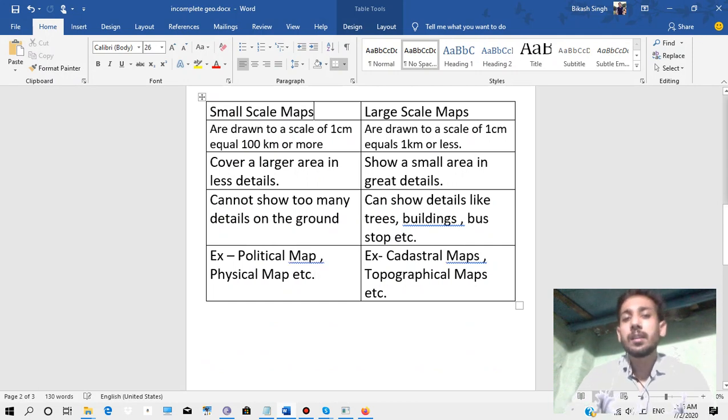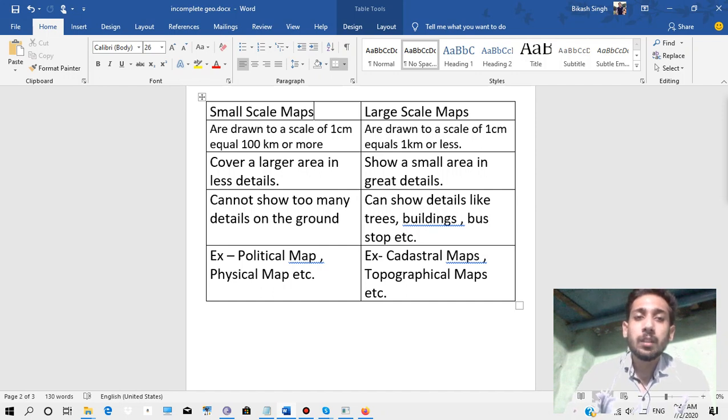As you can see, it is drawn to a scale of 1 centimeter equal to 100 kilometer or more. But large scale maps are drawn to a scale of 1 centimeter equal to 1 kilometer or less. Small scale maps cover a large area with less detail, and large scale maps cover a small area with great detail.